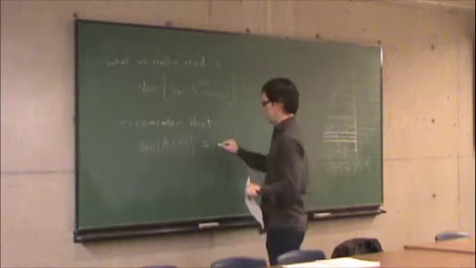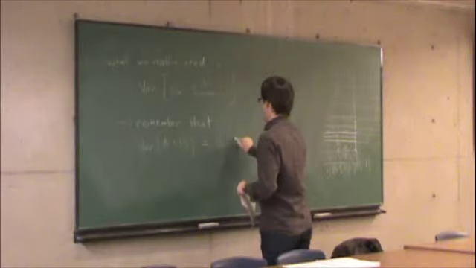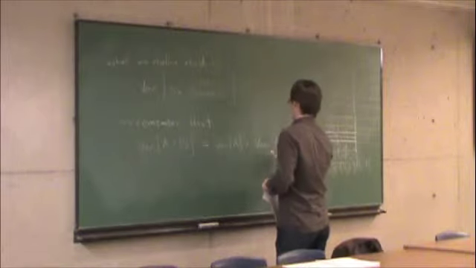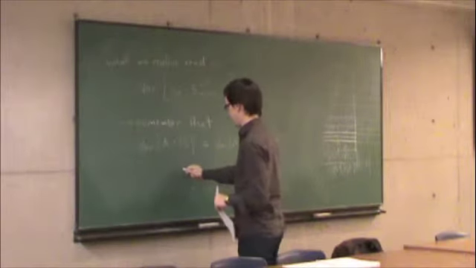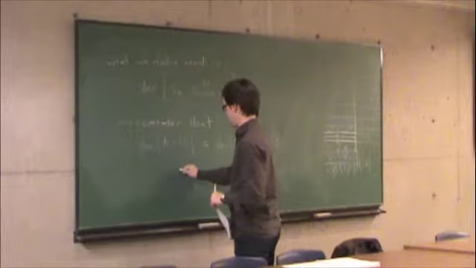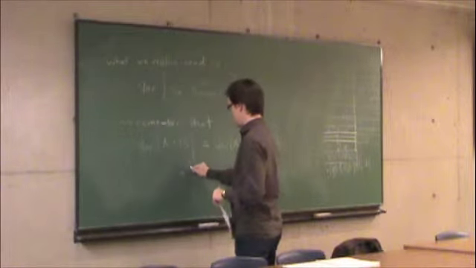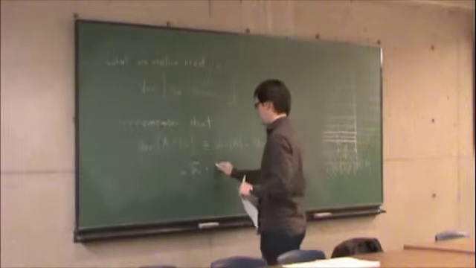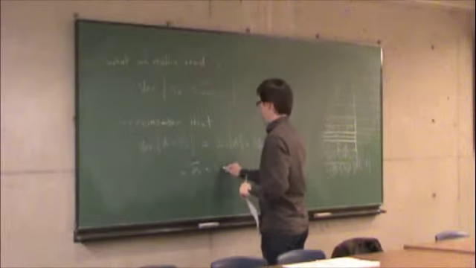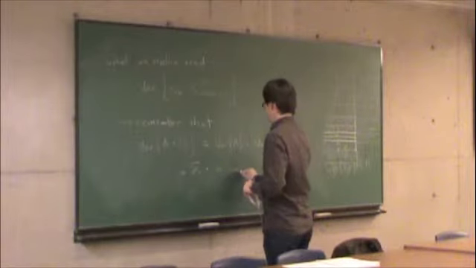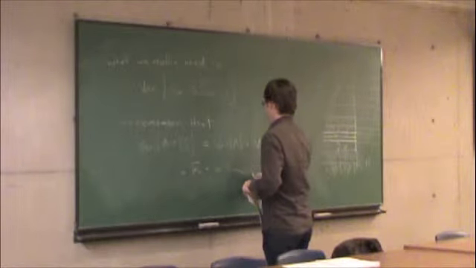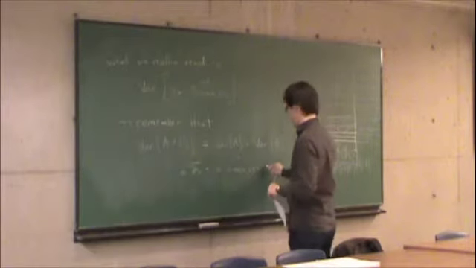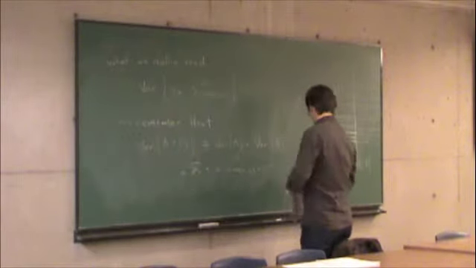It's variance A plus variance B. So remember from a second ago, the output of the matched filter was my signal plus my interference plus the noise.